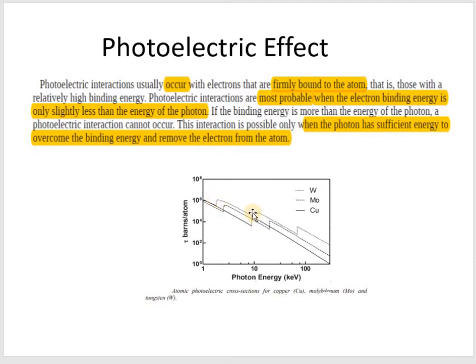These are rough peaks or rough edges because L and M have more sub-levels, as we've seen in the previous lecture. That's why it's a little more complex, depending on which sub-level the electron comes from. So this explains when photoelectric interaction is most probably going to occur within an atom.